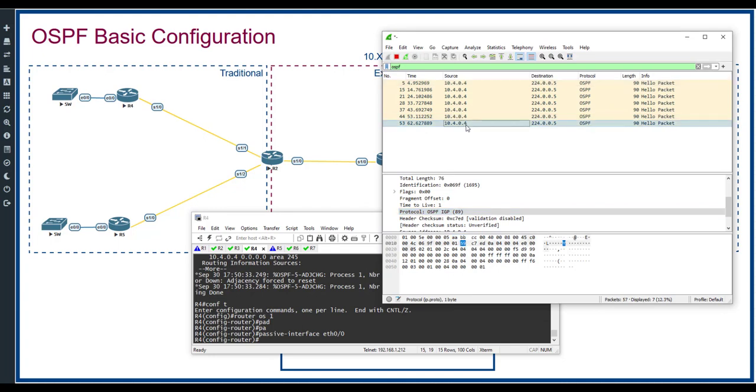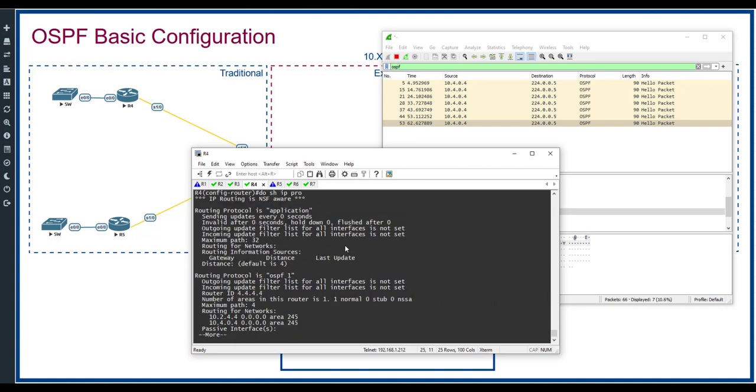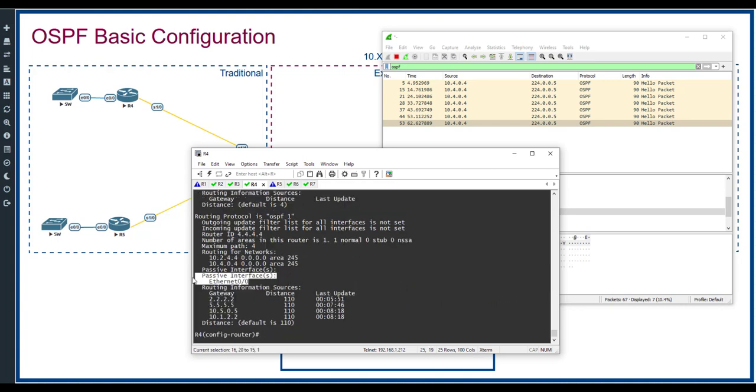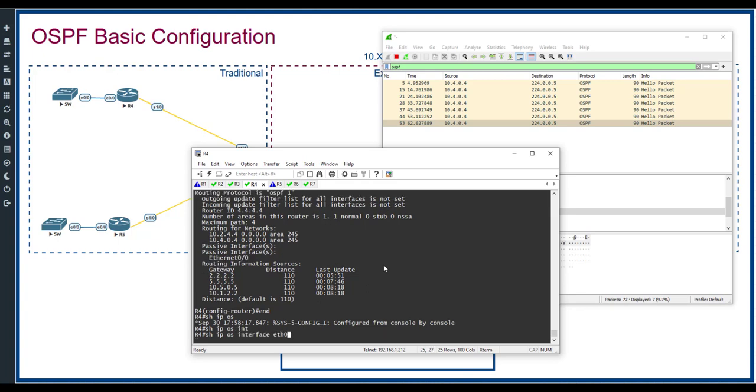As you can see, the hello isn't sent now, because this interface is a passive interface. Show IP protocols, like with EIGRP, can show us that we have a passive interface, Eth0/0. Also, if you want, you can use show IP OSPF interface Eth0/0.